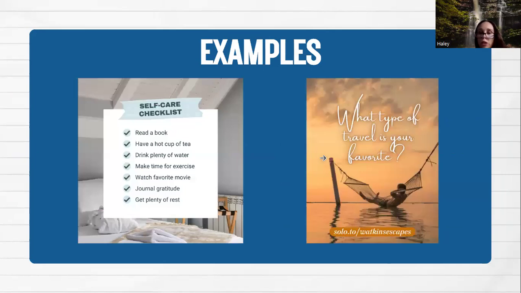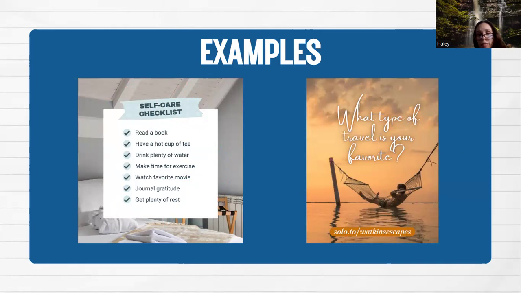Here's a couple examples. So I got this one right here. It's a simple check sheet or checklist. It is a self-care one. I made like, I think, six of these. I got them all off Canva already pre-made, and I use these every four months. I'll use these once a day to post. Since I'm not doing it so close together, people aren't seeing it back to back.